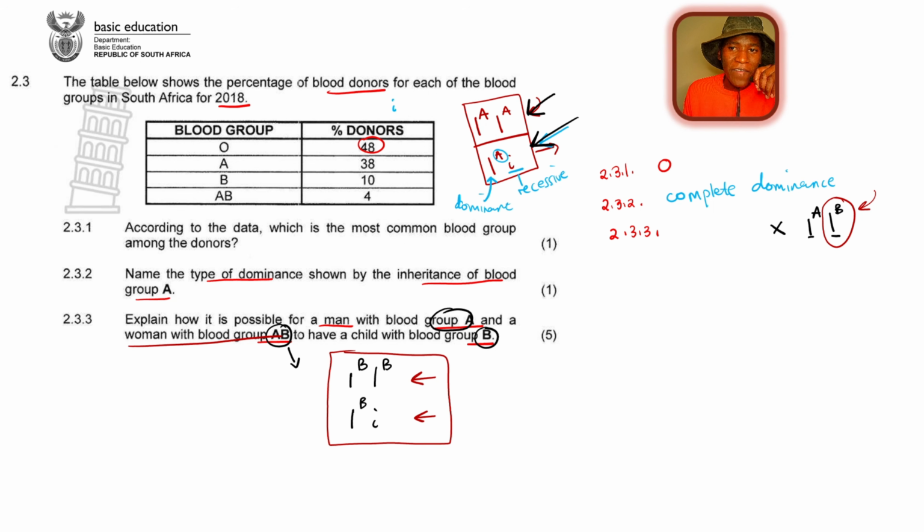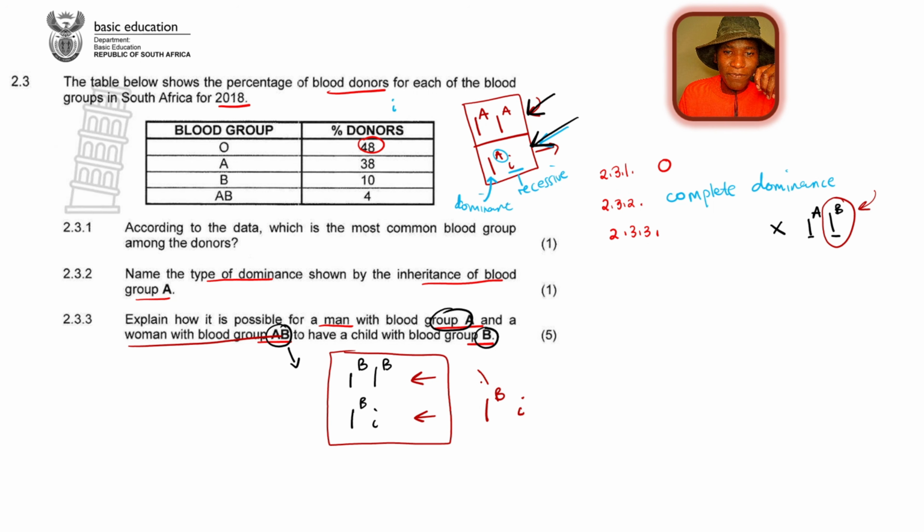So for the father to produce another allele, because the father has got blood group A, for the father to produce another B, because here basically if you've got IB, for you to be a blood group B, you must either have a small letter i.